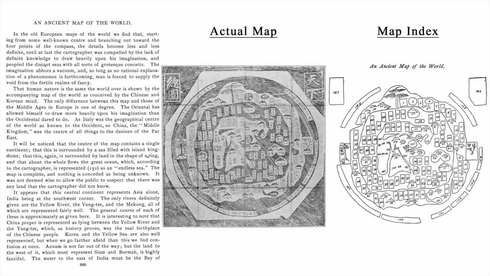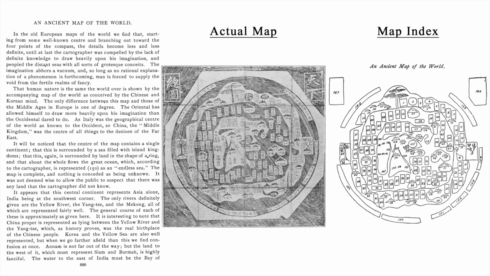The only difference between this map and those of the Middle Ages in Europe is one of degree. The Oriental has allowed himself to draw more heavily upon his imagination than the Occidental dared to do. As Italy was the geographical center of the world as known to the Occident, so China, the Middle Kingdom, was the center of all things to the denizen of the Far East.